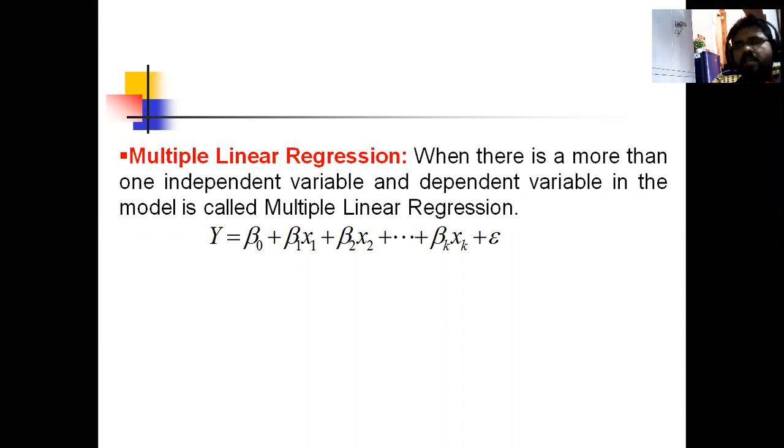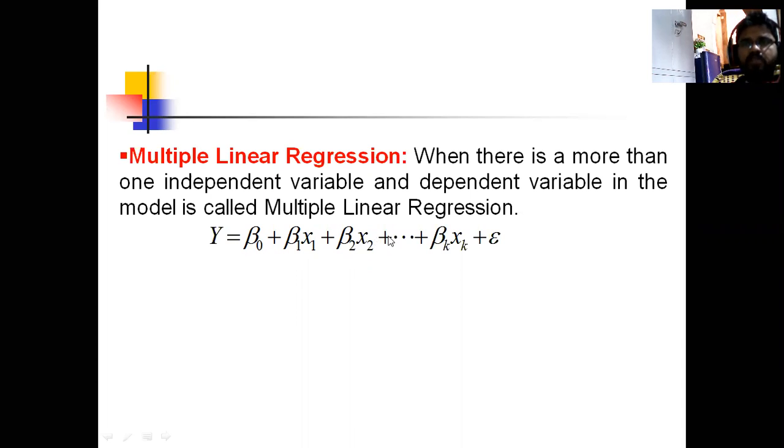If the independent variables are more than one, it is called multiple linear regression. Simply, we can also call it multiple regression. So why did I say multiple linear regression?